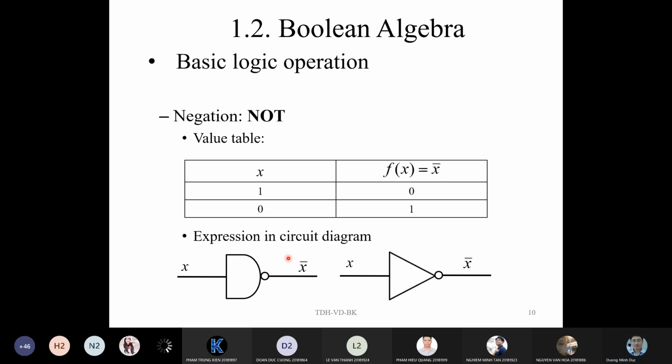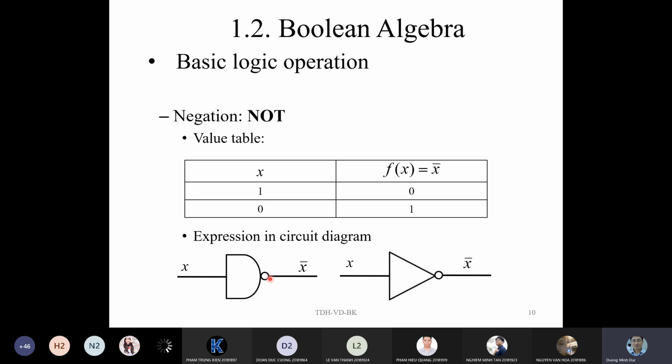I will not talk too much about other things, but for expressions in the circuit diagram, they use a symbol here. This is the symbol of negation. The input is x and the output is negation of x.